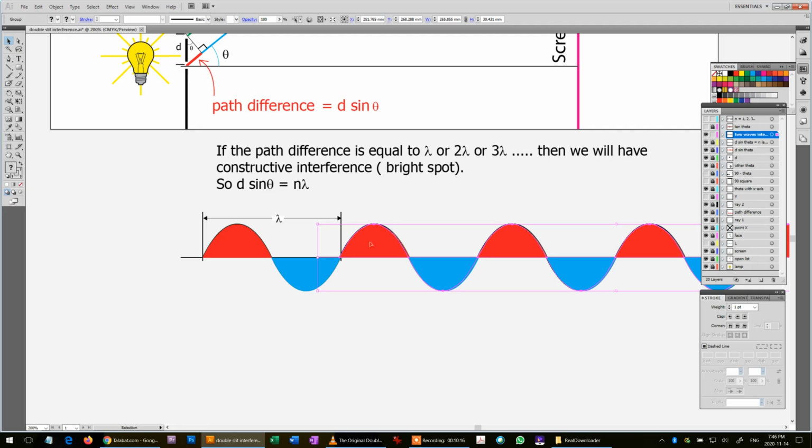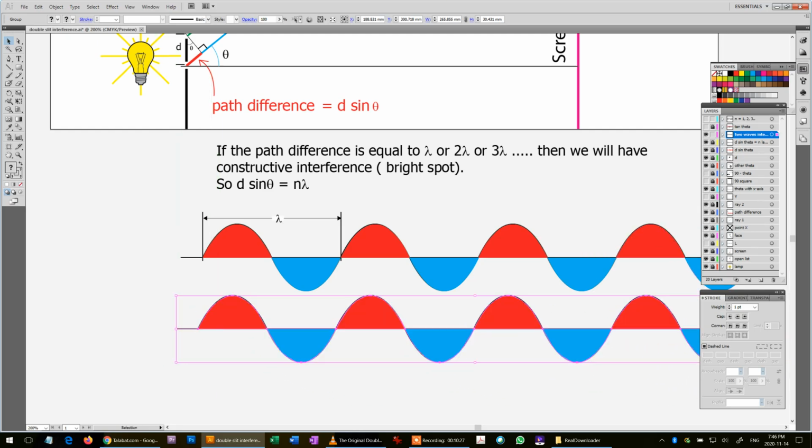This is lambda equals 1, 2 lambda, 3 lambda, etc. So we go back here again. Let's read it again. If the path difference is equal to lambda, 2 lambda, 3 lambda, then we will have a constructive interference.